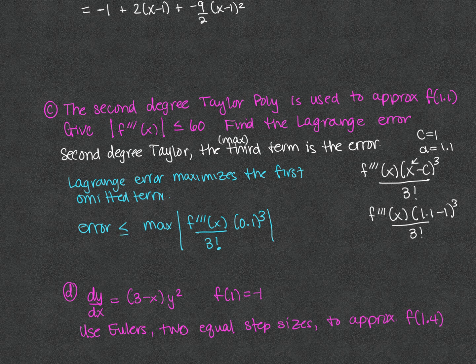Now, we're going to maximize this, and it's important to put where we're going to maximize it over. You always put from where it's centered to where it's evaluated. So this is your centered, and this is where you're evaluating. Now, they gave us some information. They told us that our third derivative is less than or equal to 60. So this would be 60 divided by 3 factorial, which is 6.